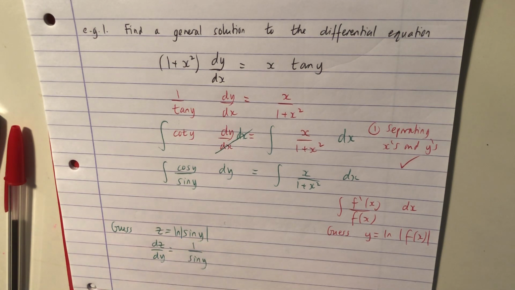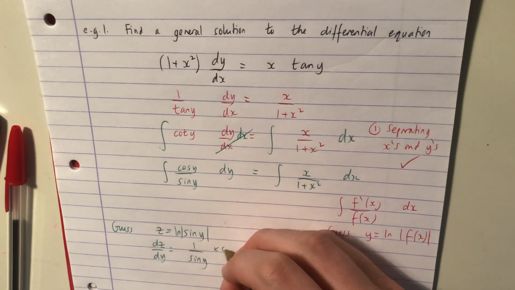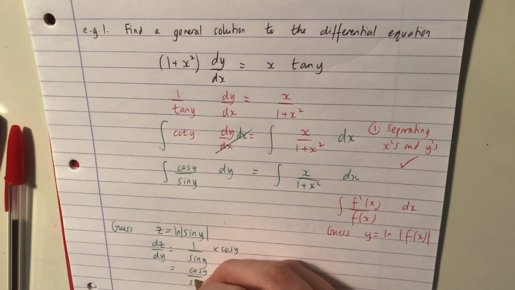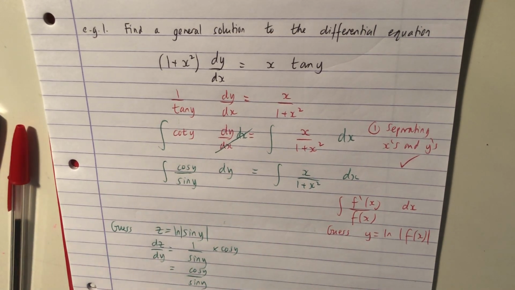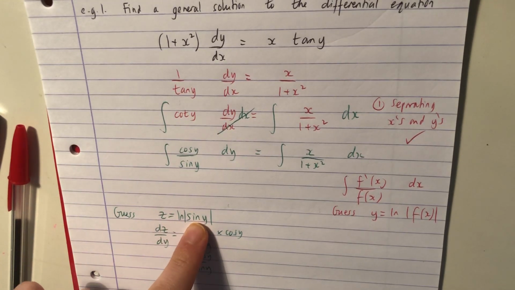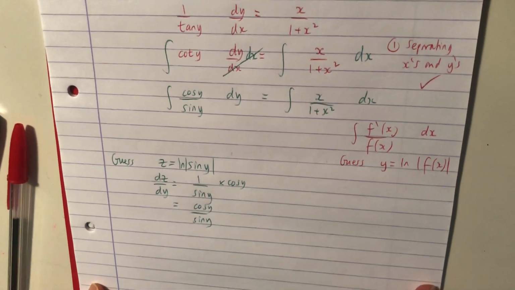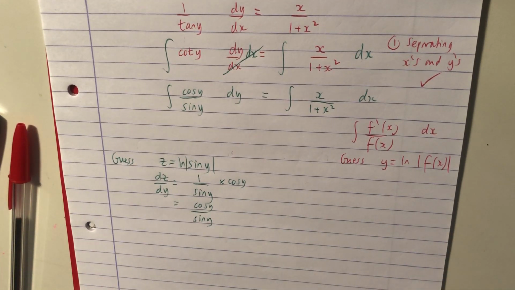What does sine y differentiate to? Well, sine goes to cos. Like so. And that is a perfect guess, actually. So ln sine y would be that thing integrated. I'm pretty sure this is in the formula booklet, so you wouldn't need to do this, but I can't find it at the moment in the formula booklet.